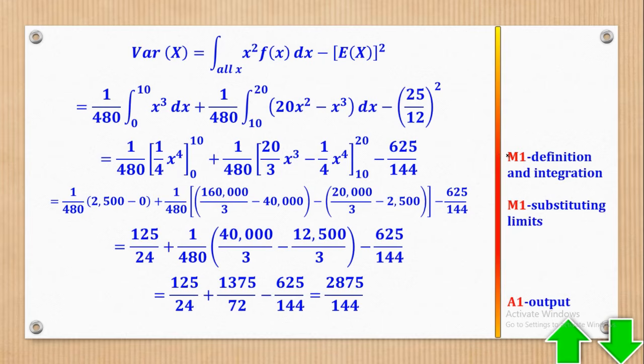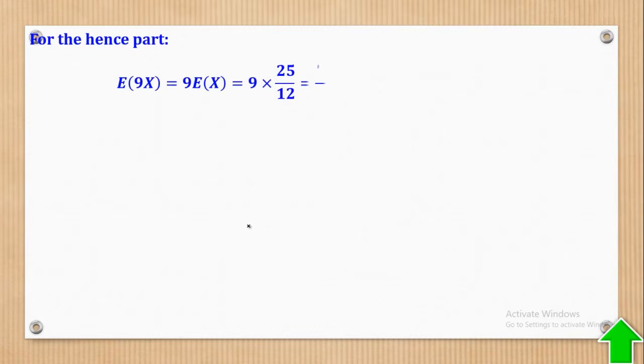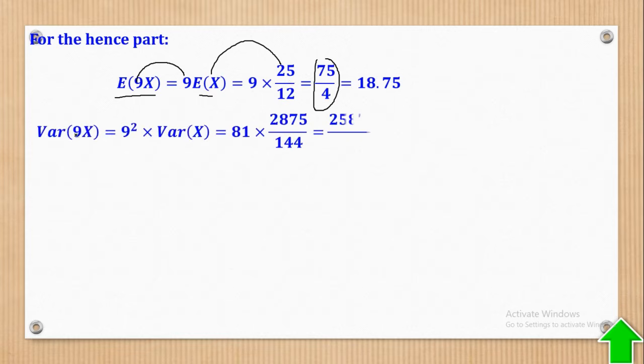So this one for integration, substituting limits and output. Then for the hence part, remember the total was 9 machines, therefore the total expected value will be 9x, and this will be equal to 9 times E(x), but we saw that E(x) is 25 over 12, so in the end we'll come up with 75 over 4. Then variance, remember if this is 9 here, it should be 9 squared.